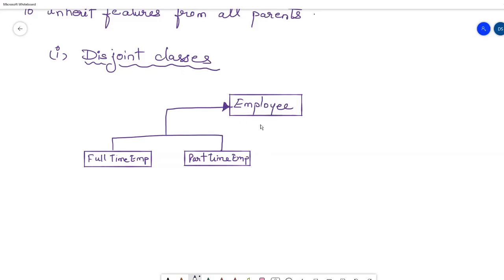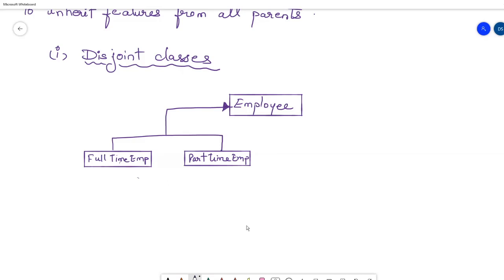Why? Because an employee can be a full-time employee or a part-time employee; a single person cannot play both roles. So the instances of these classes cannot occur at the same time.